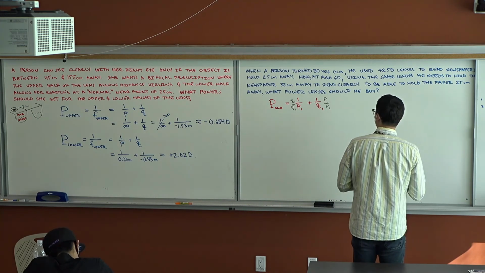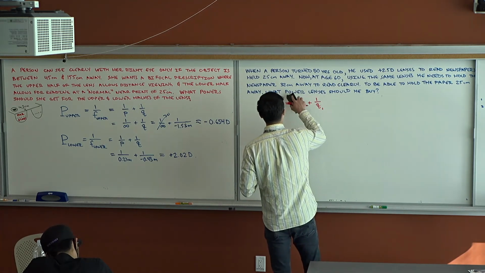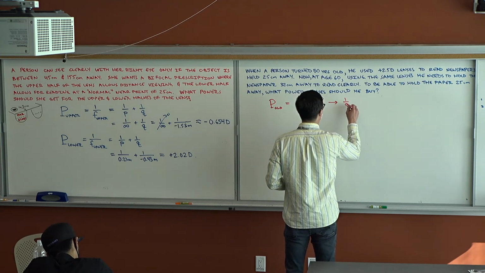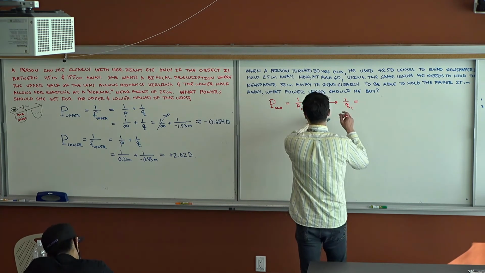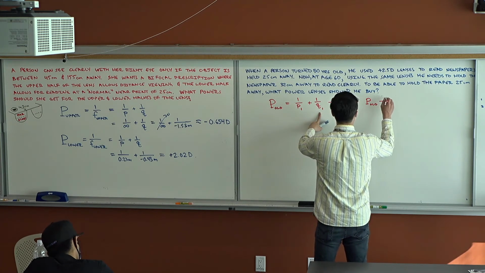Actually, I don't even need to do that, because I want to solve for 1 over q1. So 1 over q1 is P old minus 1 over p1.